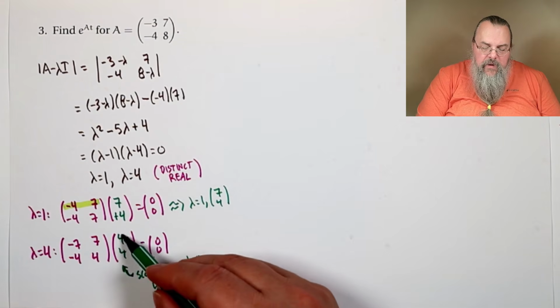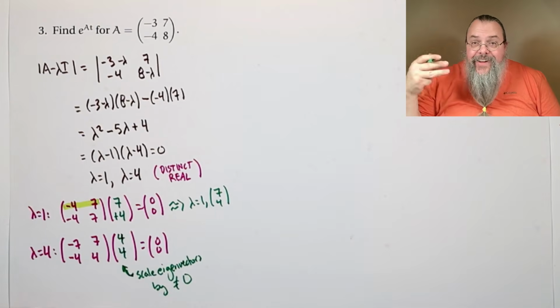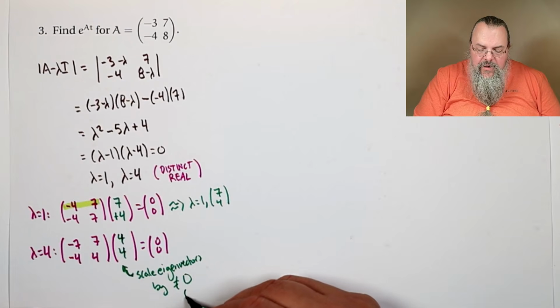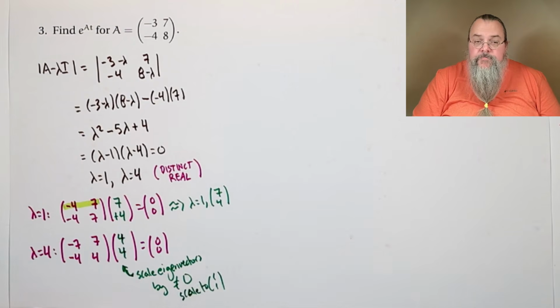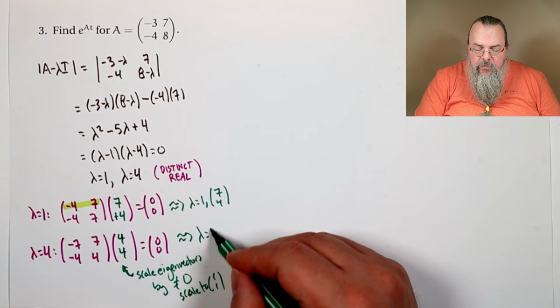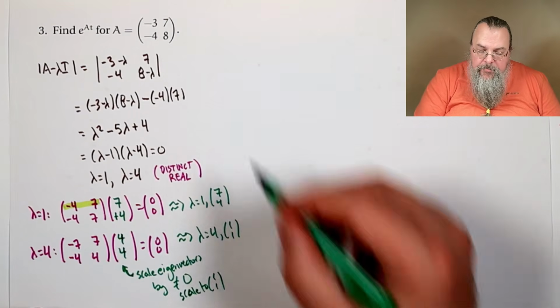So, if you end up with an eigenvector which has a common factor, scale it out. And so we can scale to get 1, 1. Okay, so that says for lambda equals 4, we get 1, 1 is an eigenvector. All right.